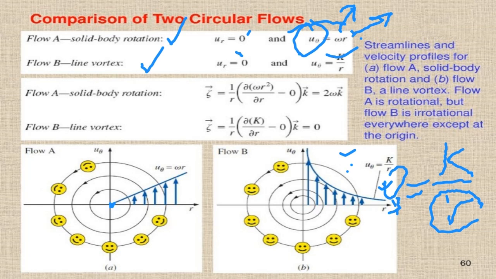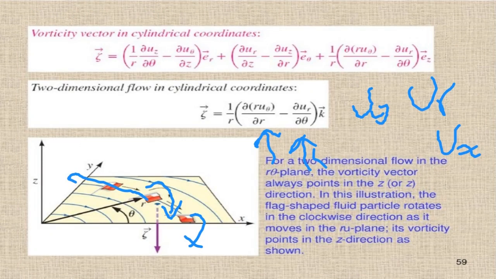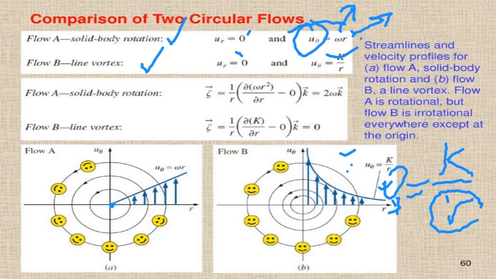So we will use the definition of the vorticity. R times u theta, we will take the derivative of this with respect to r. So omega r times r is omega r squared. The derivative of this with respect to r is 2 omega r, divided by r, which will give you 2 omega.